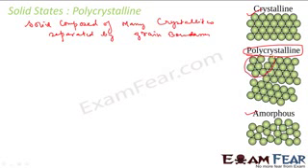You see, this is one pattern here, there is one pattern here, there is one pattern here. So there are different boundaries here. Therefore, there are many crystallites like that, but they are separated by boundaries.